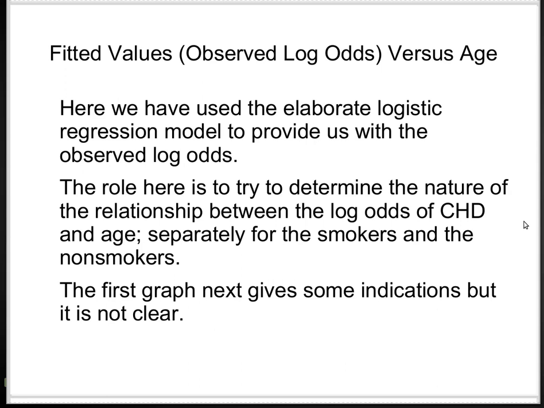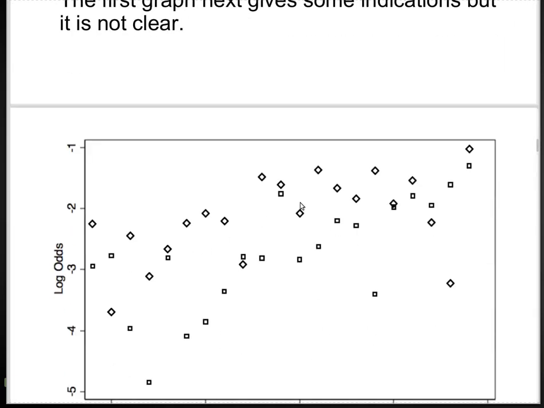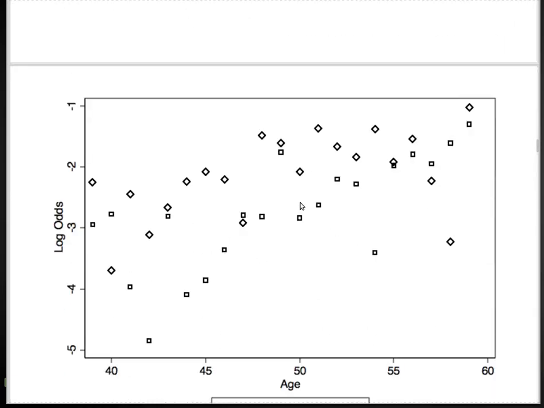And what we'd like to do is try to get a handle on the nature of the relationship between the log odds of heart disease and age, separately for the smokers and the non-smokers. Okay, how would we do that? Let's have a look. Well, there's all the fitted values.